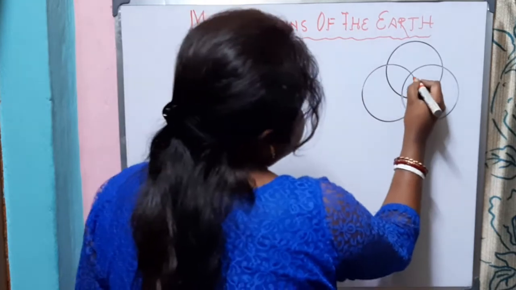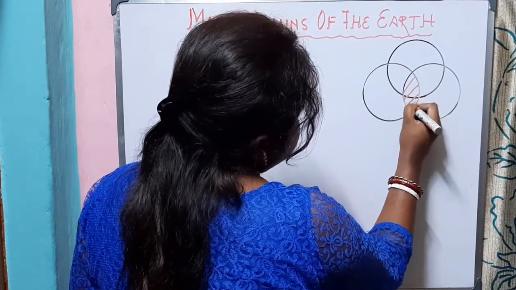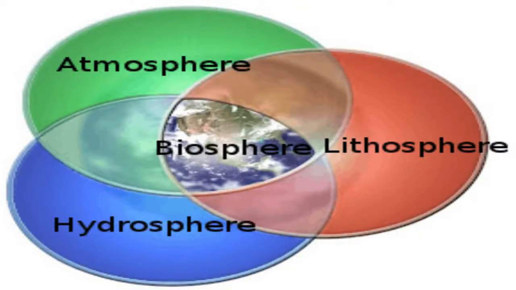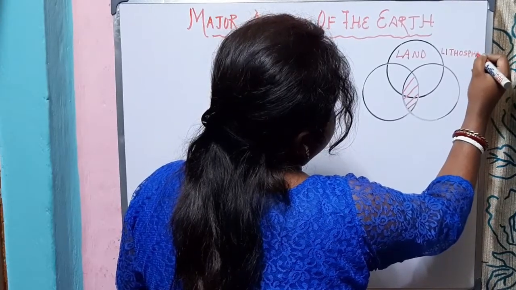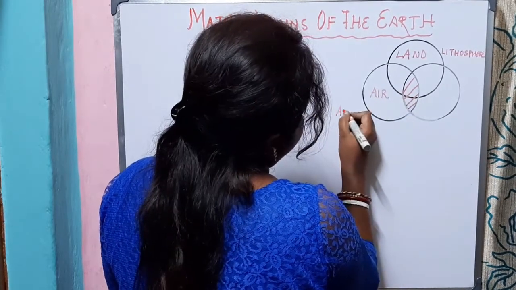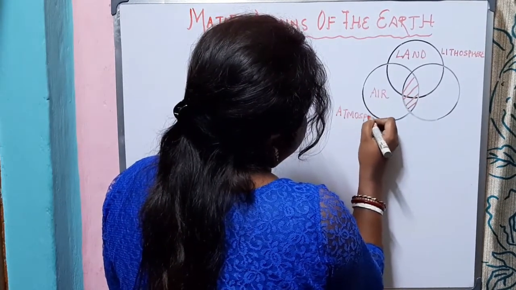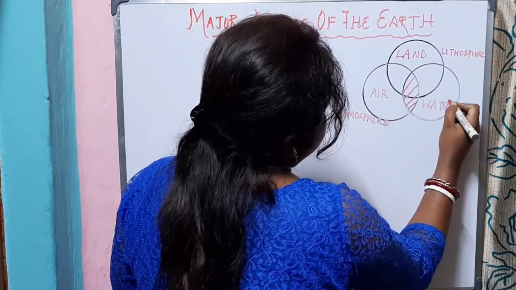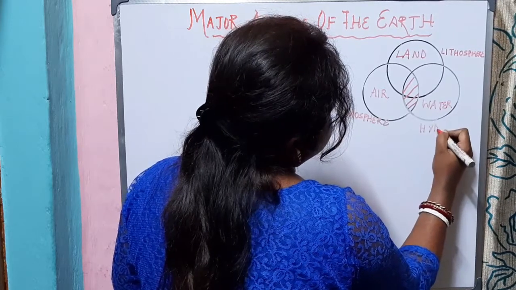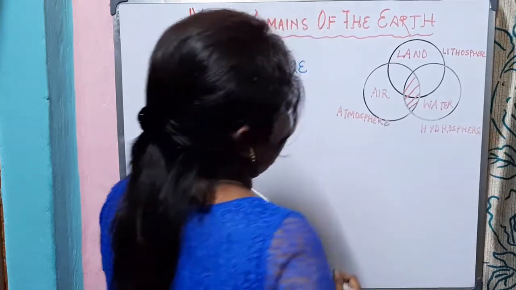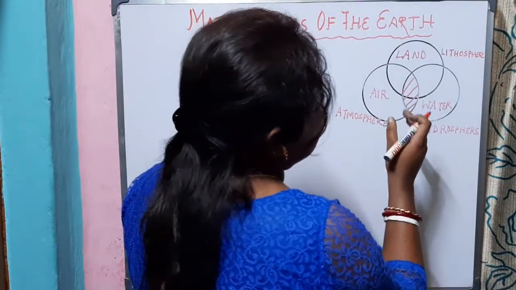Biosphere means the narrow zone where land, that means lithosphere, air, which means atmosphere, and water, which means hydrosphere, meet and interact.